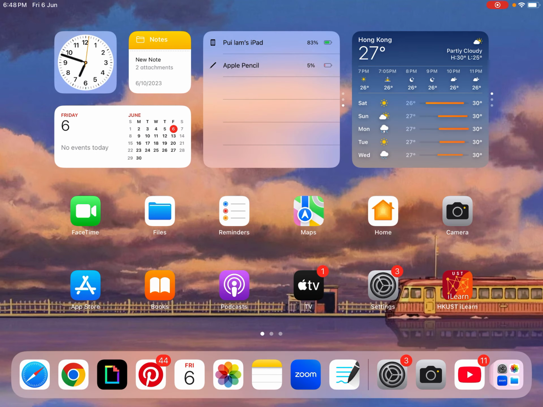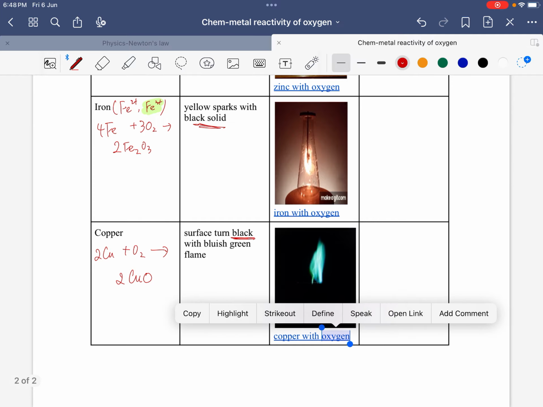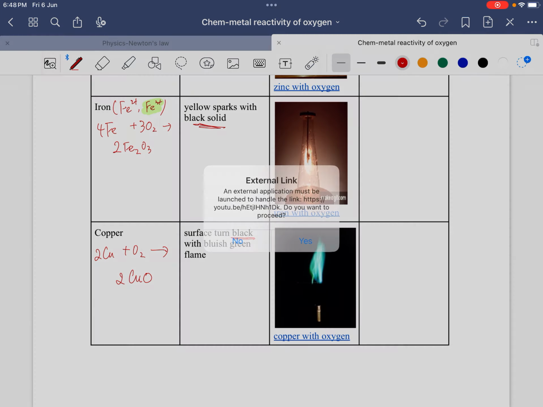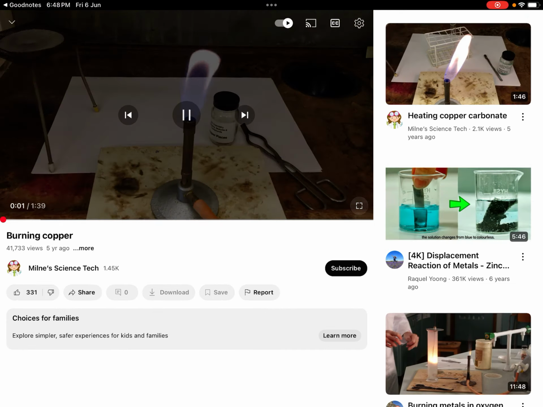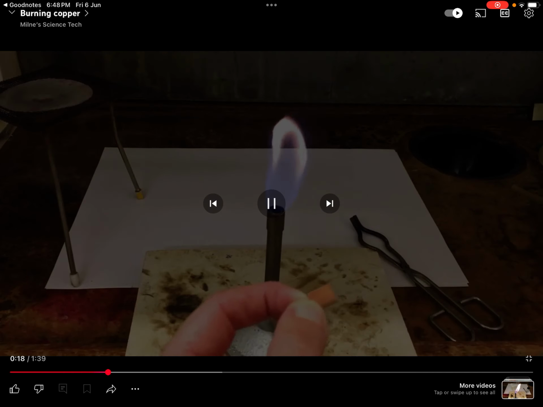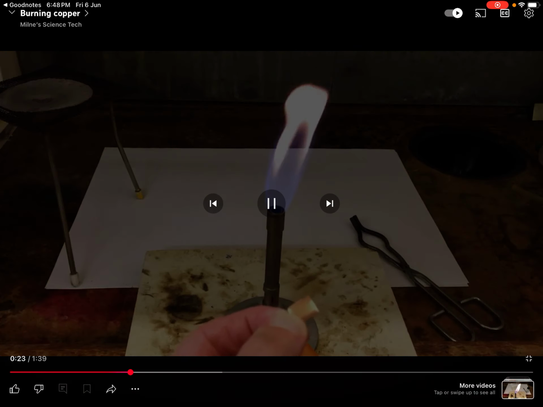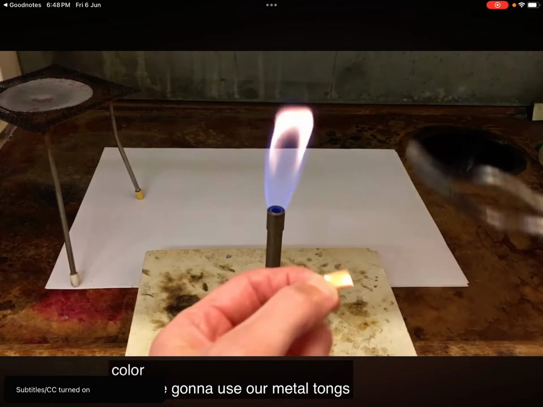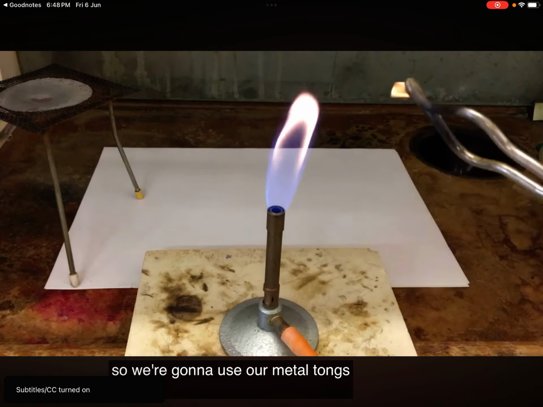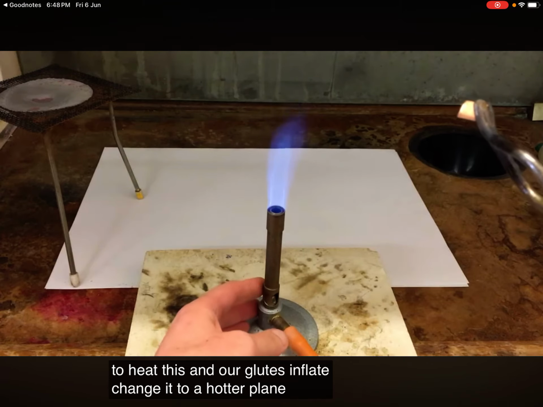Okay, so how about copper? Let's see it. In this experiment, we're going to use our Bunsen burner and a shiny copper colour. So we're going to use our metal tongs to heat this in our Bunsen flame. So change it to a hotter flame.